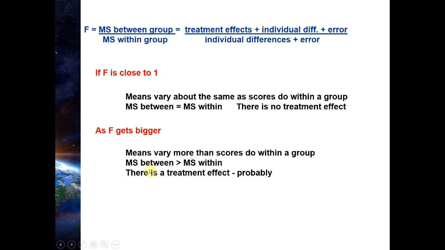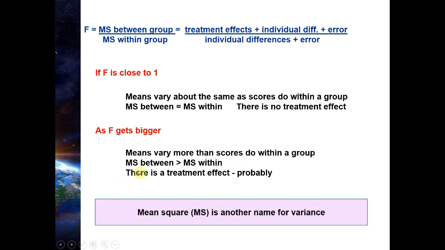All right. For sure, though, for your F to be significant, your MS between, so the between group variability, has to be bigger than the within group variability. All right. And it needs to be sufficiently larger than within in order for you to get into a rejection zone. And recall that, that's a good reminder.